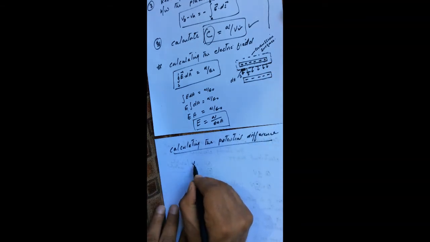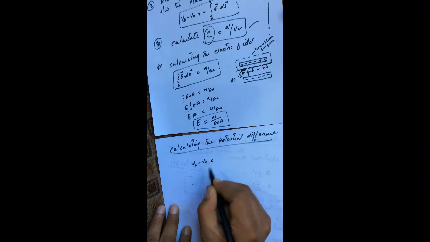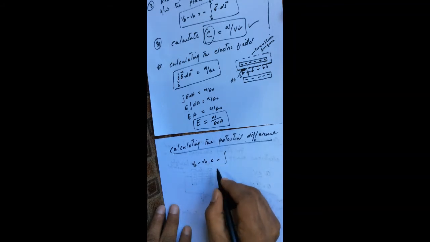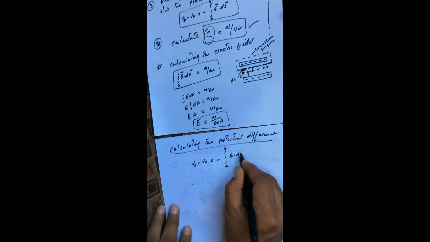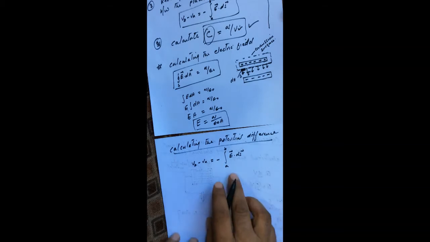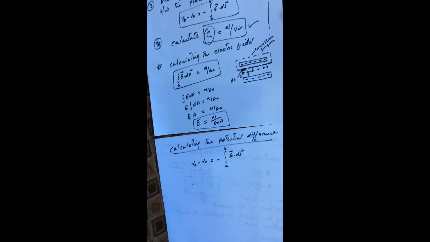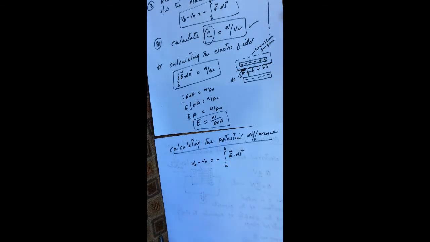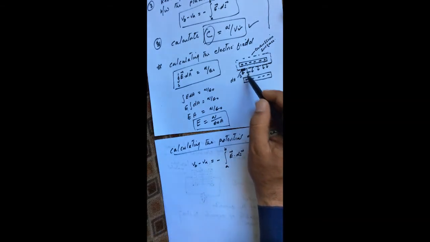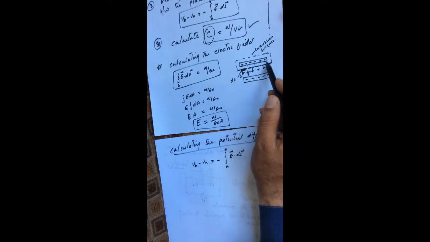We know that VB minus VA is equal to minus the integral from A to B of E dot ds. Now here we will define the path of the integral. The integral is evaluated along any path starting from one plate to another plate. Like the integral can be evaluated from here to here or from here to here.